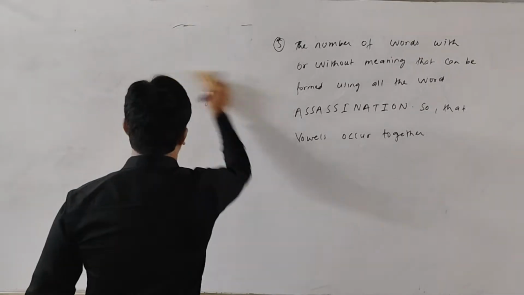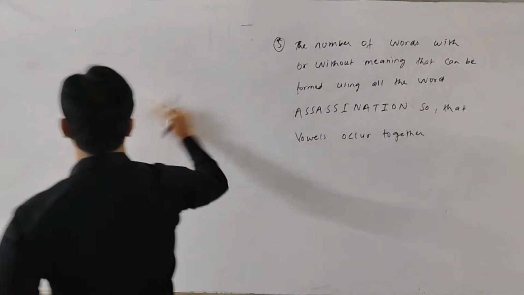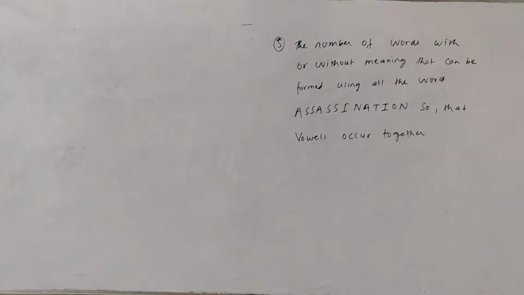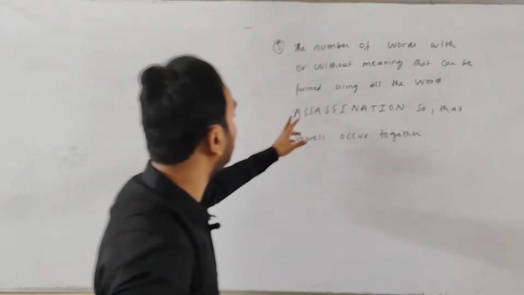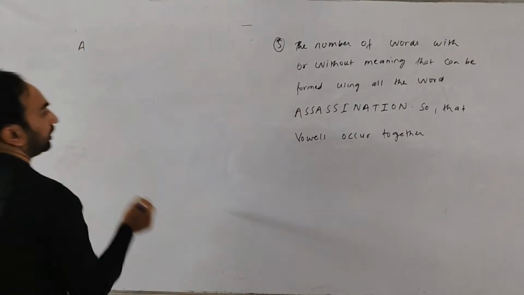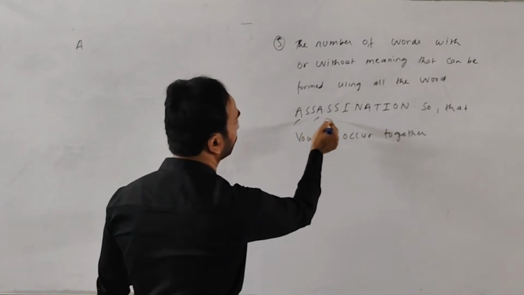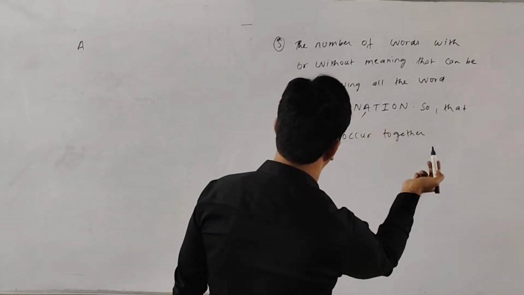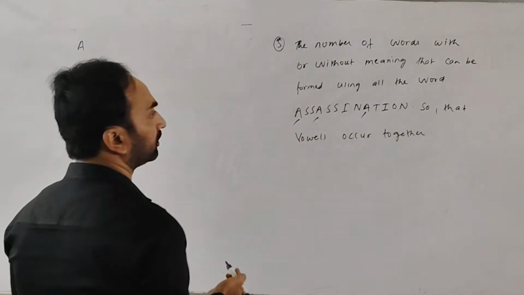Again we will separate the consonant part and the vowels part, right? There are so many consonants and vowels repeating. First, A is a vowel, but A is repeated how many times? 1, 2, 3, so 3 times.